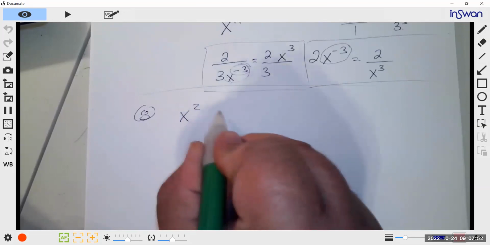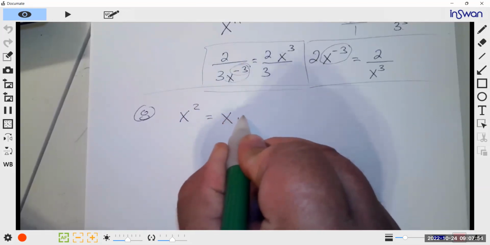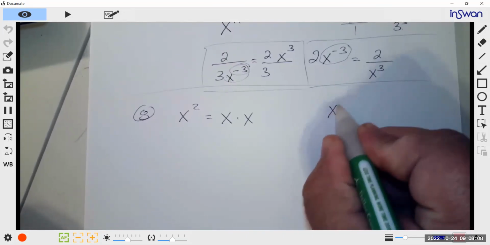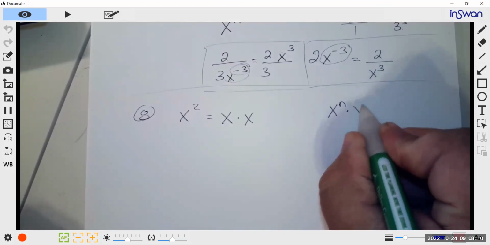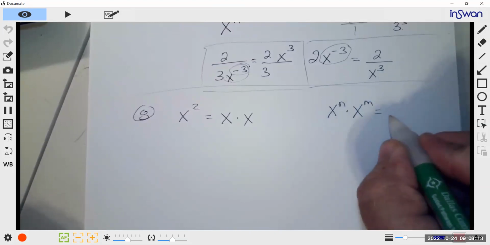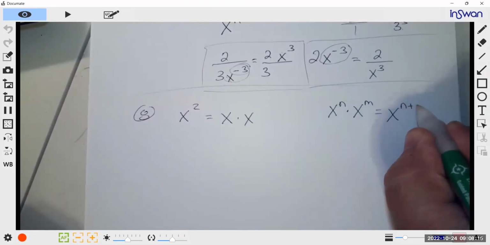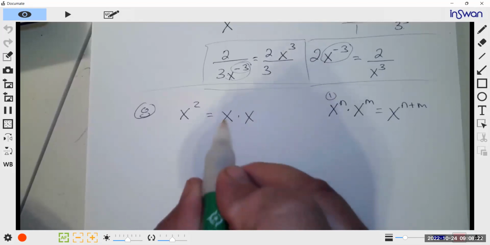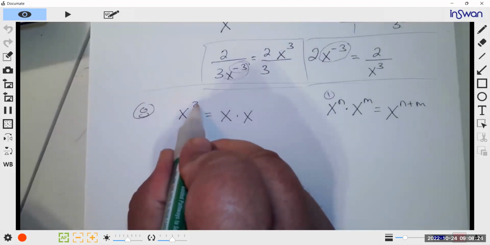Okay, we know that x squared is x times x. Why? Because rule number one says if I have the same bases and I multiply them together, I add the exponents. That's rule number one. So x squared means I have two x's.